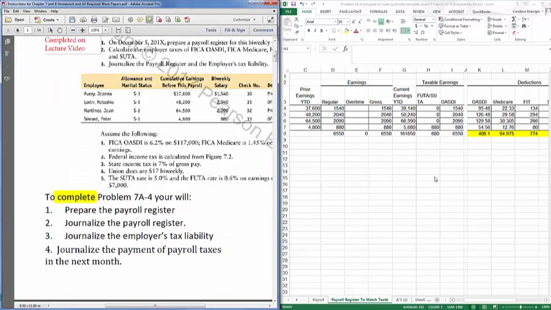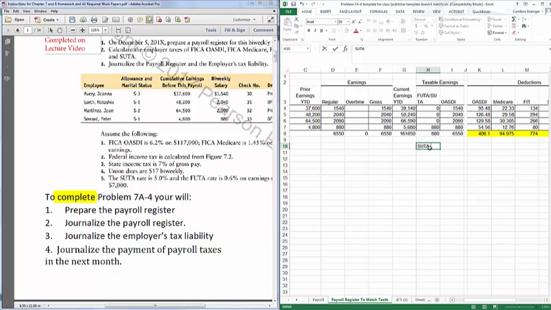For SUTA, that $880 is taxable, and I'm going to multiply that by the SUTA rate of 5%. When I do that, I get $44.